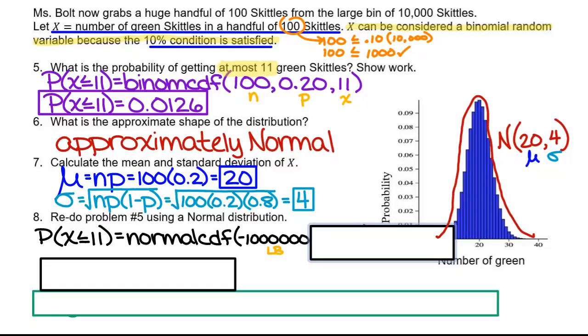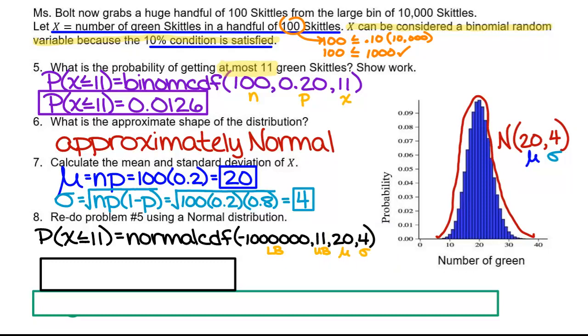If you use negative 9999, that's fine. If you use 0, should be fine. Next number? 11. Make sure you're labeling these as the lower boundary and the upper boundary. And then what 2 numbers do I still need? 20 and 4. Mean and standard deviation.